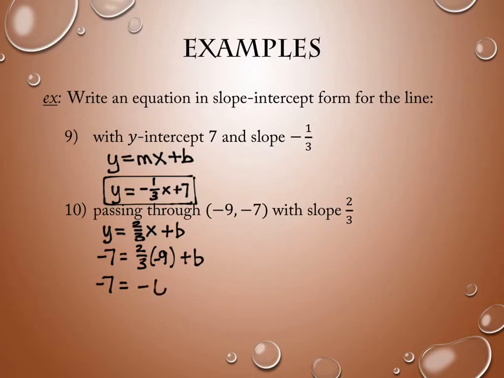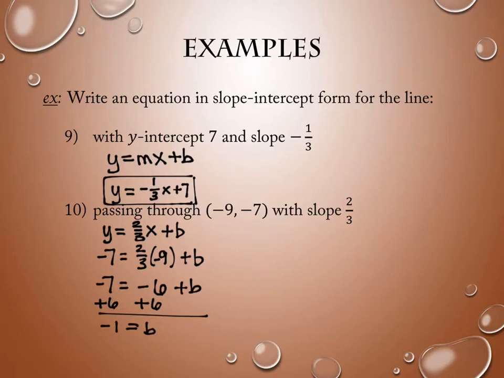It's -6, right? The 9 and the 3 reduce to 3, 3 times 2 is 6, and I've got the negative from the 9. This is -6 + b. What's b? It's -1. If you need to see it, you can add the 6 to both sides as a further step. But the b value is, in fact, -1.